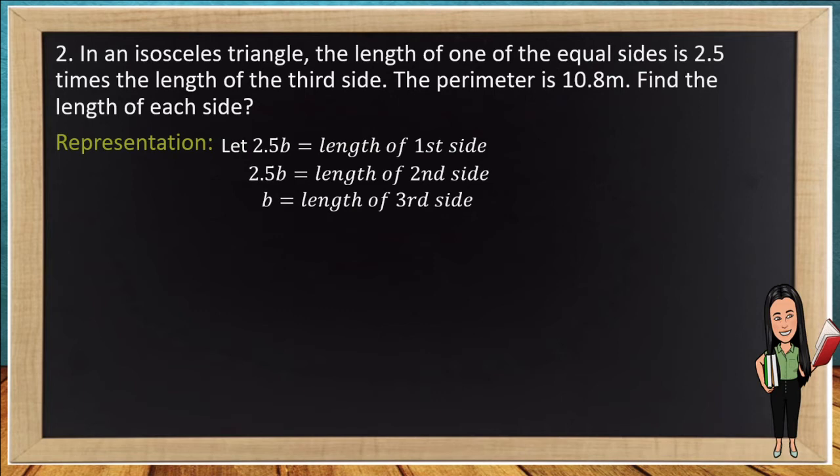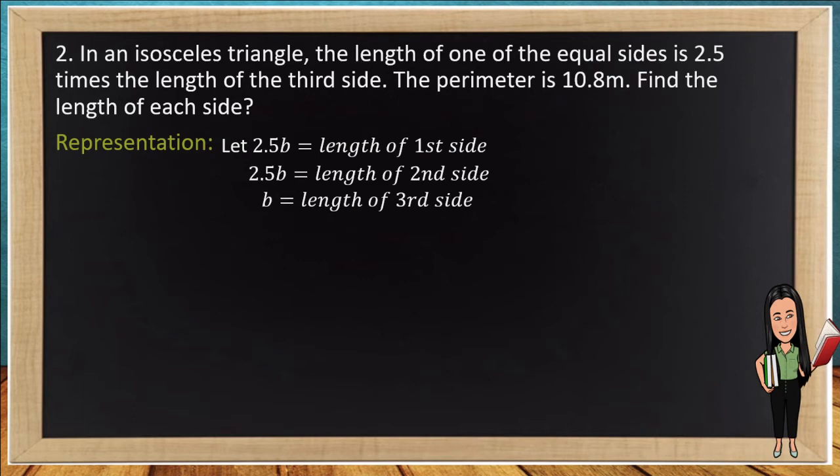And according to the question, the length of one of the equal sides is 2.5 times the length of the third side. So, 2.5 times b. Yun yung length nung equal side. So, yun na rin yung length ng pangatlong side. So, yung first side ay 2.5b, second is 2.5b, and the third is b.